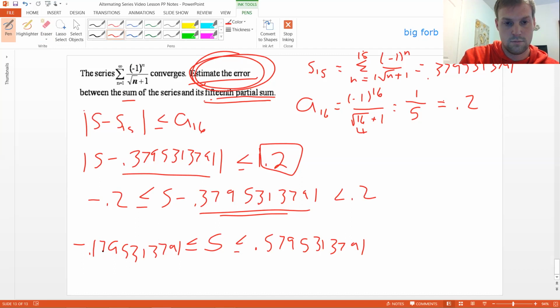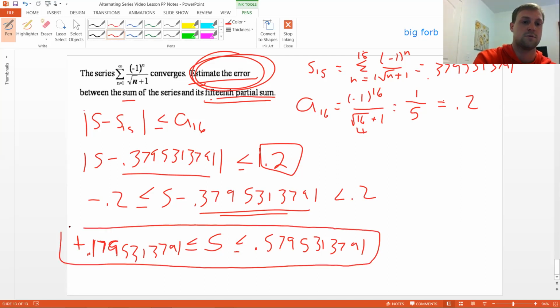Because isn't it negative? It's -0.2 plus 0.3, so that should be positive 0.179. Like -0.2 plus 0.3, isn't that positive 0.1? Yeah, sorry, I did positive, I didn't do negative. Okay, you're fine. So there we go. That's the final. My sum is somewhere between those two numbers. It's off by 0.2. And that's it.